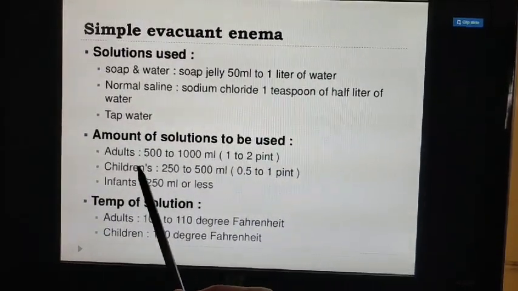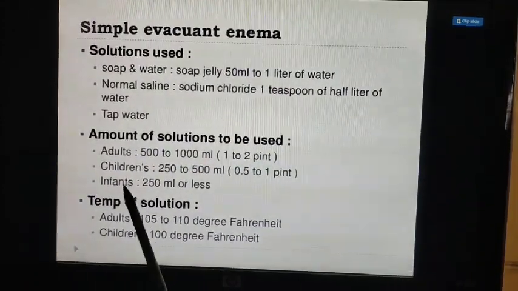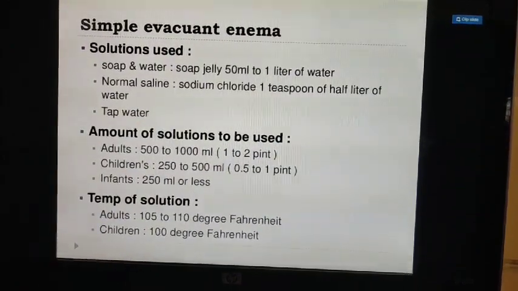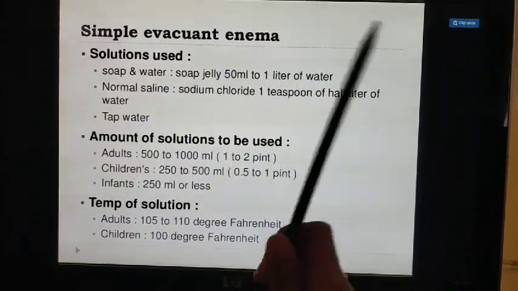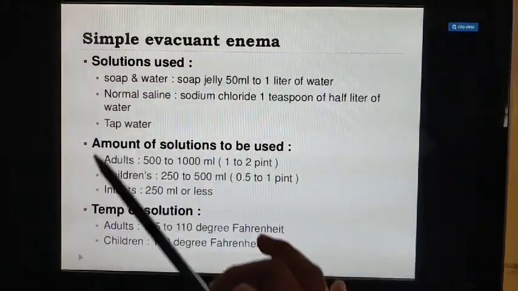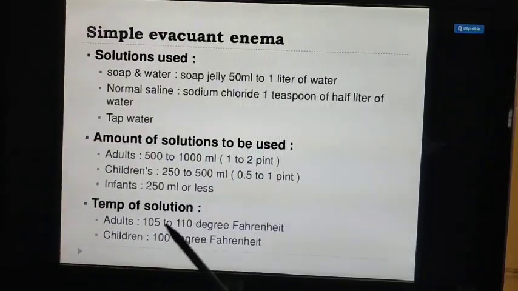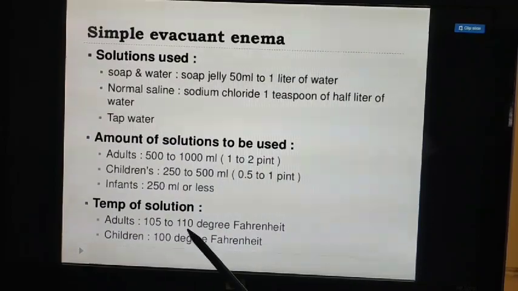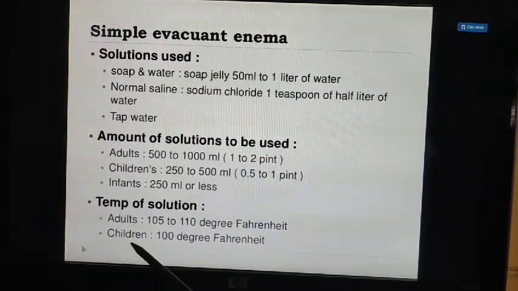For children, 250 to 500 ml, and for infants, 250 ml or less. Understood? And the temperature is very important. It should always be warm, which is very good for evacuation. The water temperature should be 105 to 110 degrees Fahrenheit for adults and 100 degrees Fahrenheit for children.